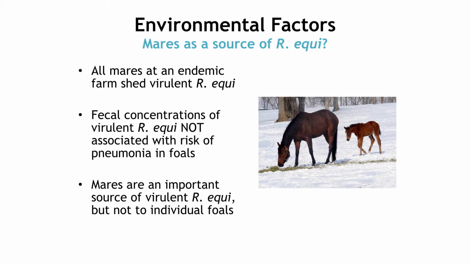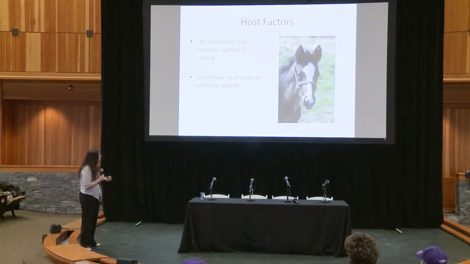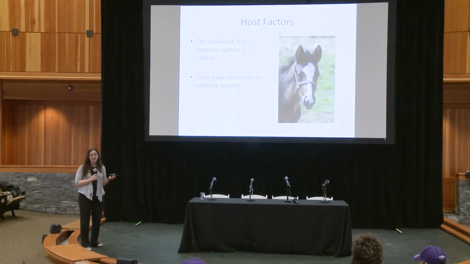And so we know that mares are an important source of this virulent form of Rhodococcus, but not to their individual foals. Now, probably some of you here have had mares who seem to have a foal with Rhodococcus every single year. And the thought is that's probably due to that mare and her foals having shared genetics, and that their genetics are making them more susceptible to the Rhodococcus that they're getting exposed to, not that that particular mare is passing the Rhodococcus directly to her foal.